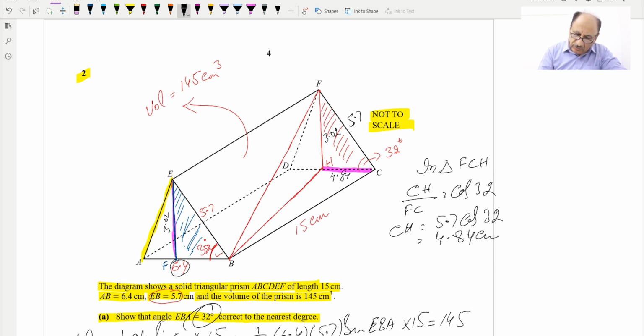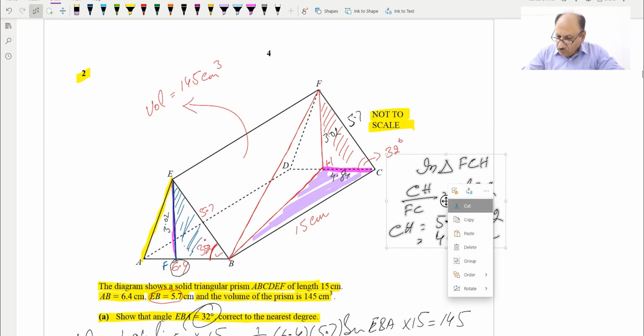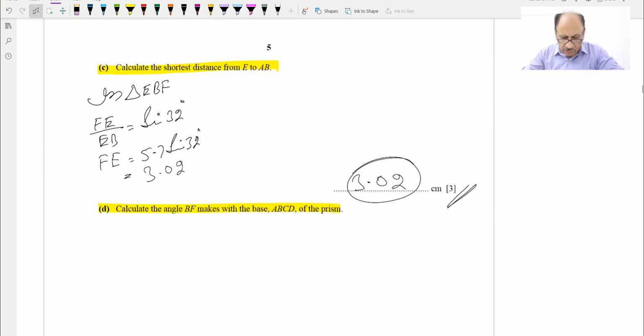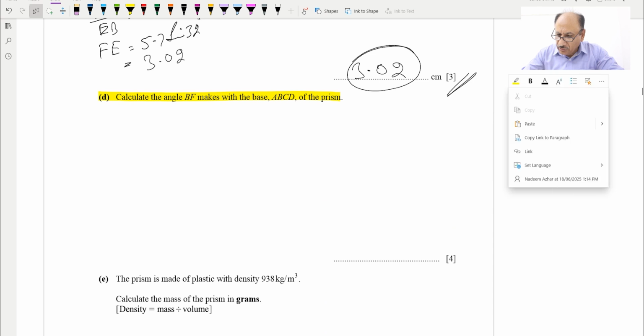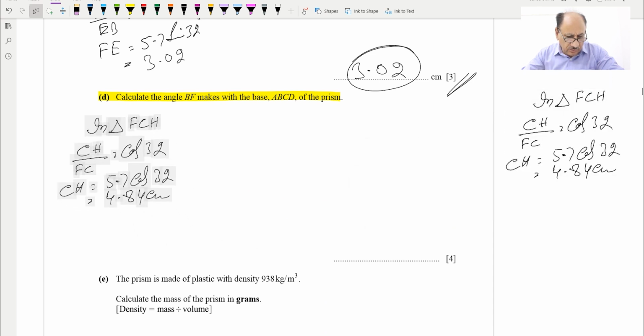Now we can consider the other triangle, which is this one, and in this triangle we will apply Pythagoras theorem. First of all, I will move whatever we have written over here to the proper location, and this one is here.